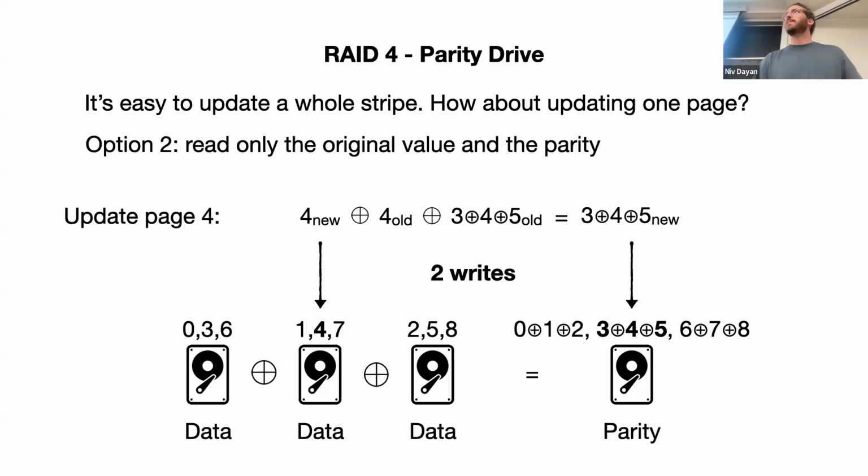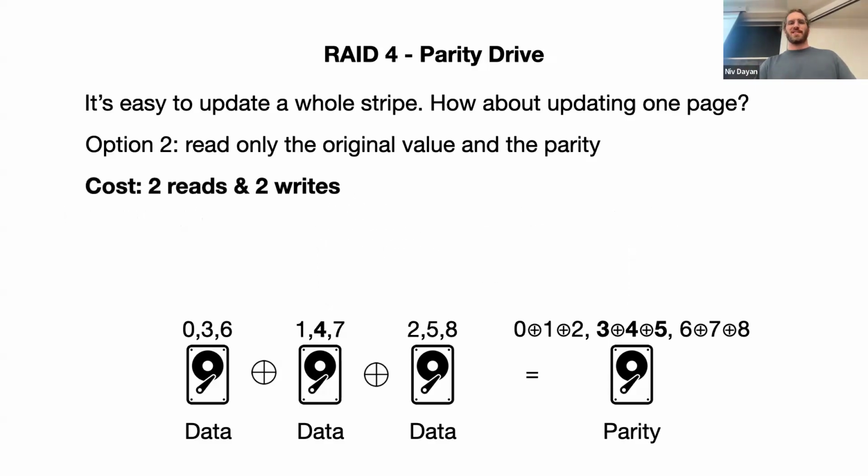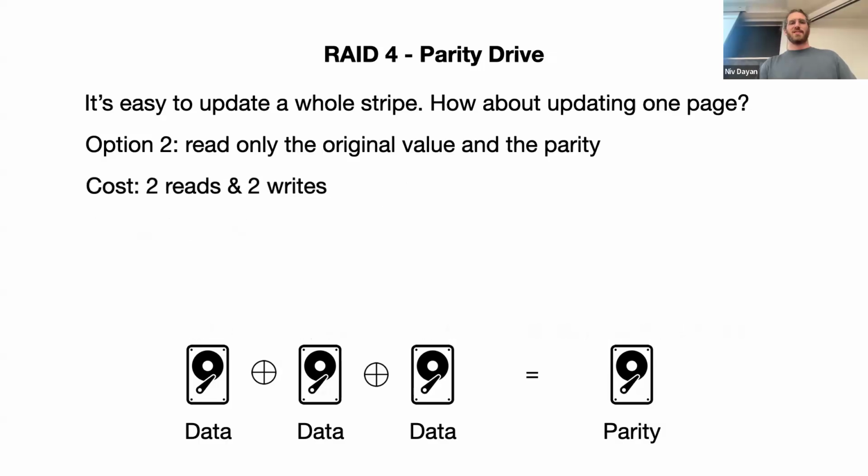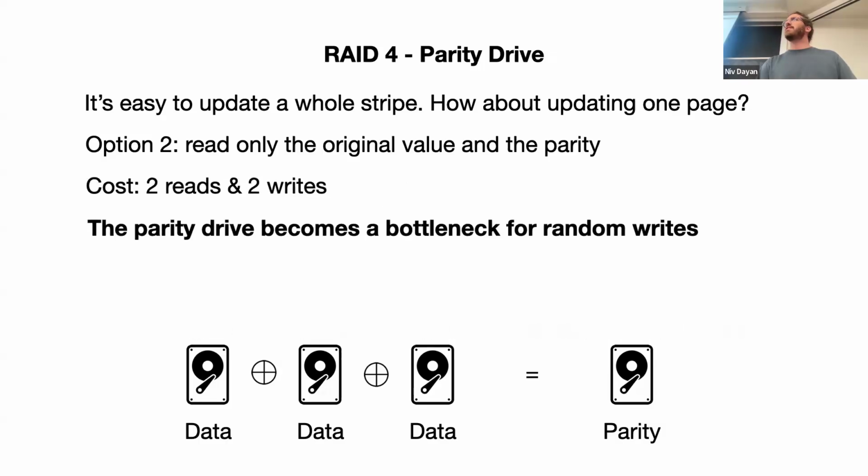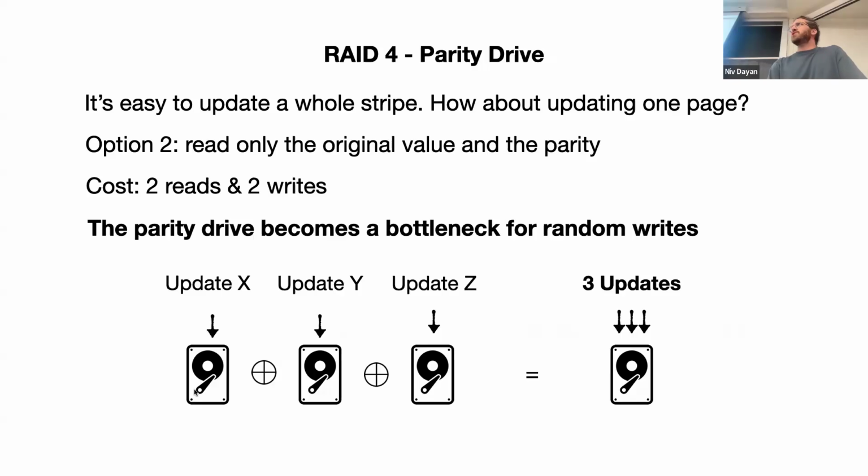So, okay. The parity drive can become a bottleneck for random writes. To see this, suppose that I'm trying to update different pages across different storage devices.